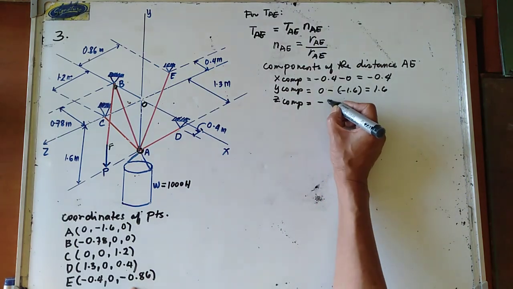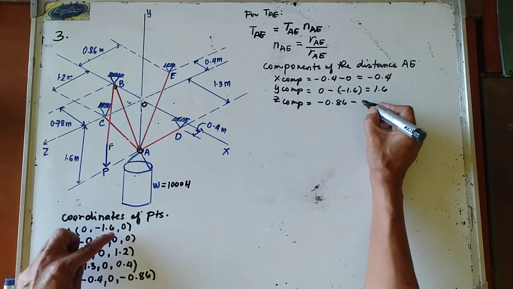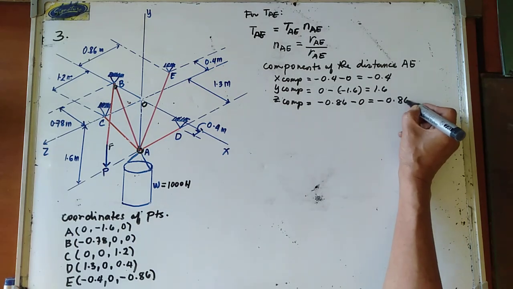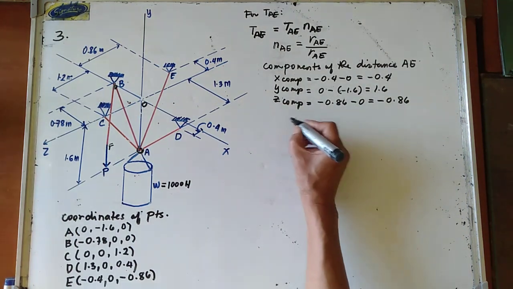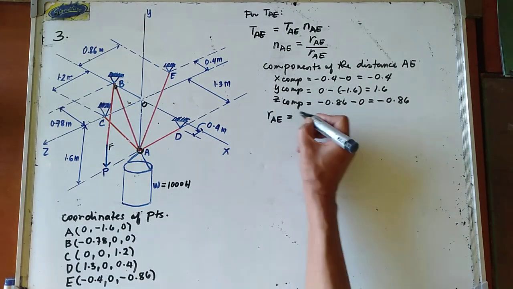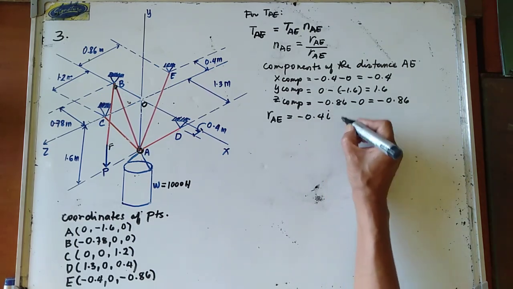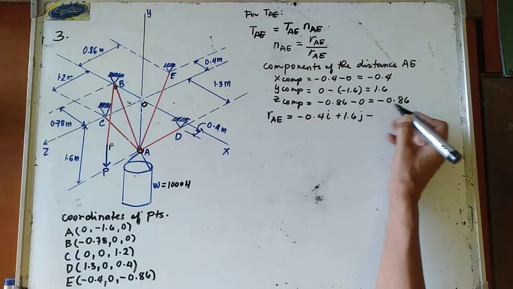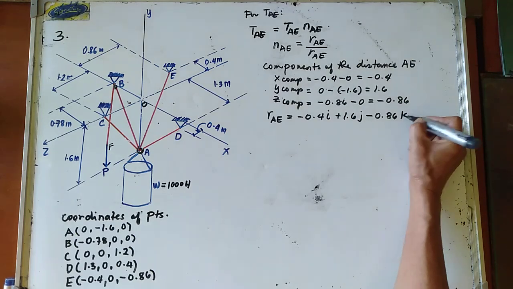So minus 0.86 minus 0, negative 0.86. So we now have the position vector AE is equal to minus 0.4i plus 1.6j minus 0.86k.